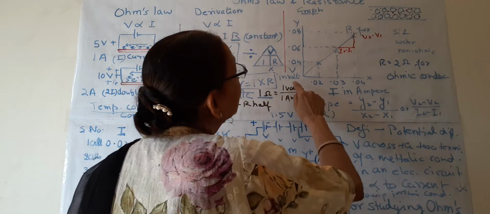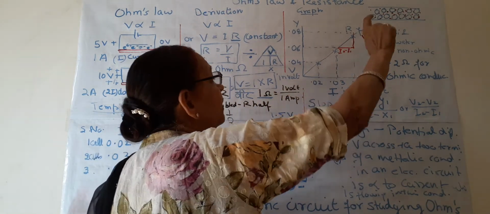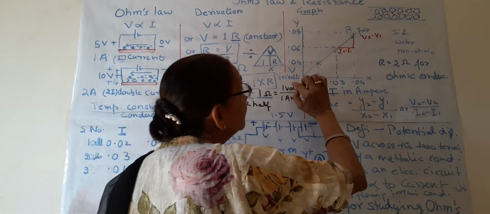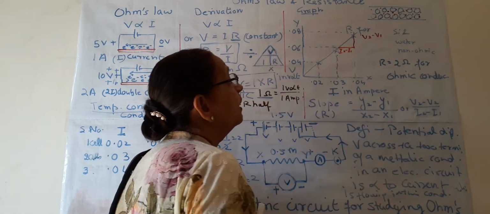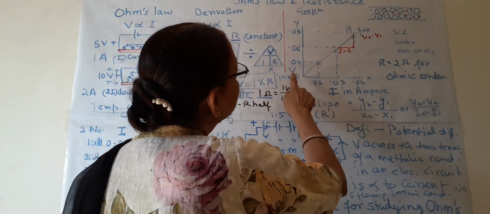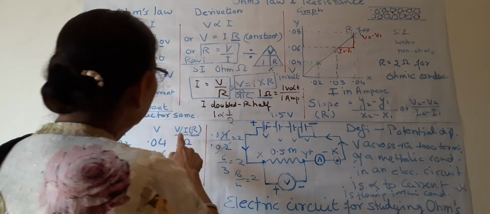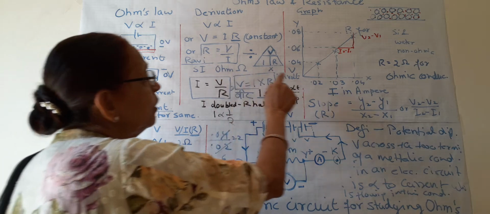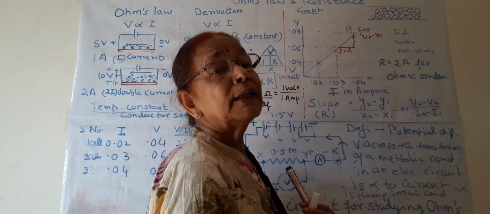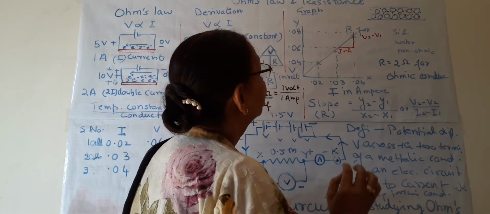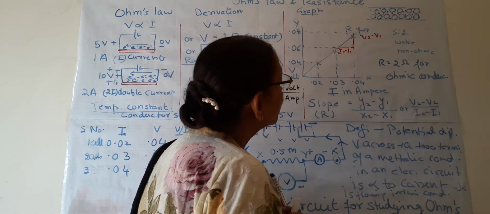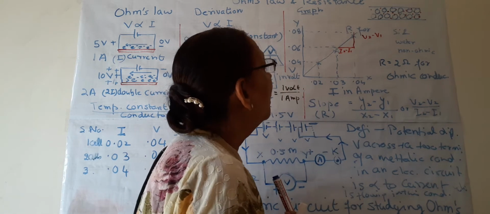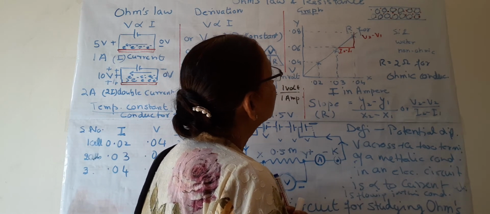We will see that this graph line is a straight line arising from the origin. This graph line is known as resistance because it is V upon I. We know that V upon I is R, here also V upon I is equal to R. So this graph line shows the resistance of the conductor, and this straight line shows that V is directly proportional to I. So now how to calculate this R?